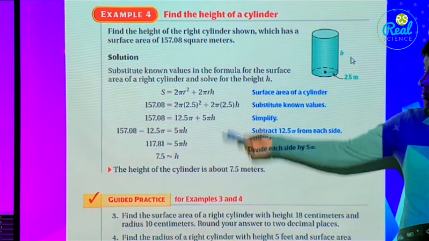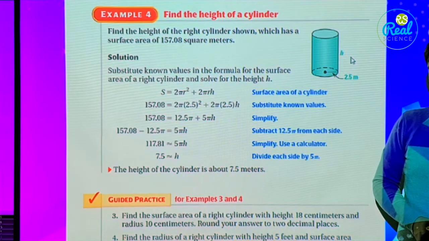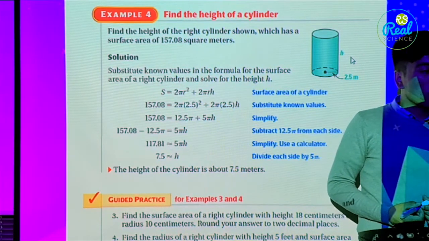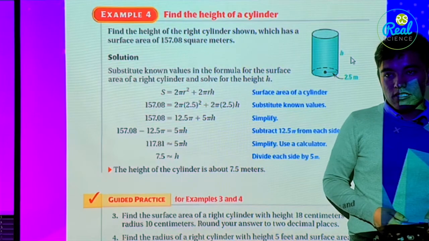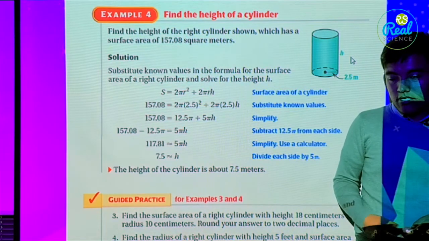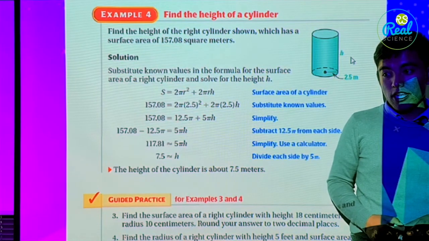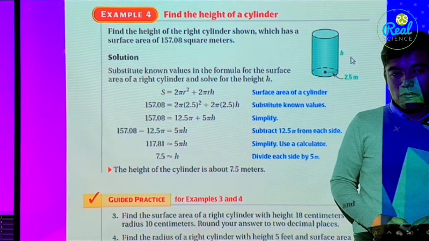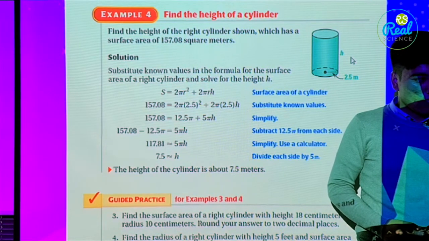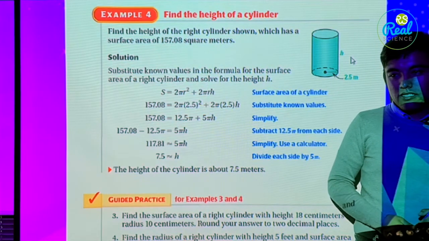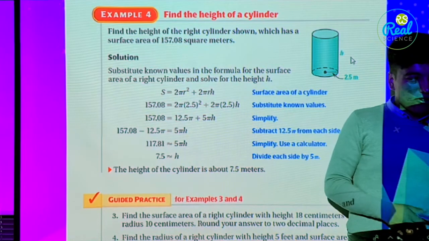Just calculation, if you know this formula, you can find it. But the main things you have to pay attention to are the differences between the terminologies: lateral area, surface. You have to be able to differentiate what type of information these terms provide, because it's quite easy to get confused.